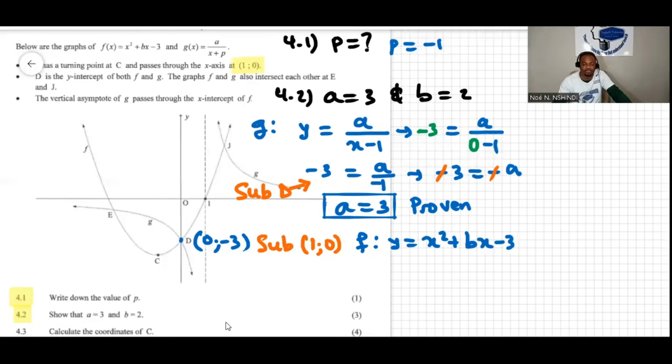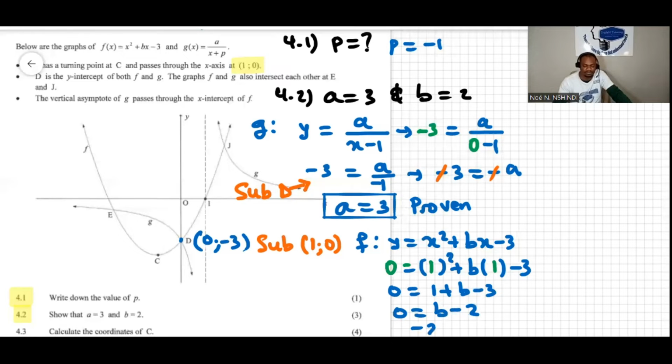If I sub in the point (1, 0), y will be 0 and x will be equal to 1. This makes 0 equal to 1 plus b minus 3, so we have b minus 2. So if I move the negative 2 over, it becomes positive 2. Or I prefer to move negative b over, so negative b equals negative 2, and then we can just drop the negative signs because they're on both sides. So b equals 2. This is also proven.